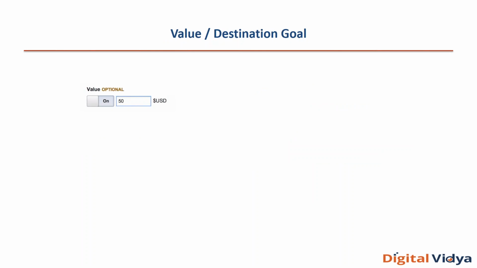But this is an important thing. You can also put a value to that goal. So if somebody has purchased a guitar on my website, and the price of that is 10,000 rupees, I'll put that money here. The currency can be chosen appropriately for whichever country you belong to. And then there is a funnel. What is this funnel?